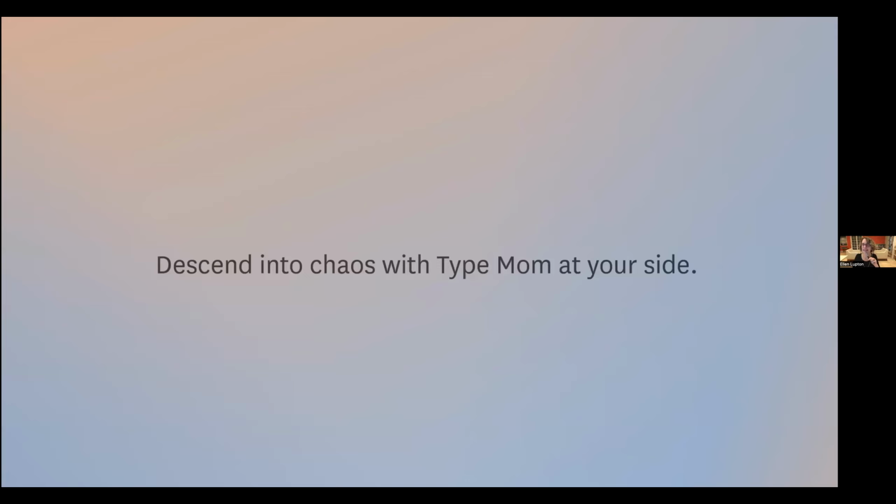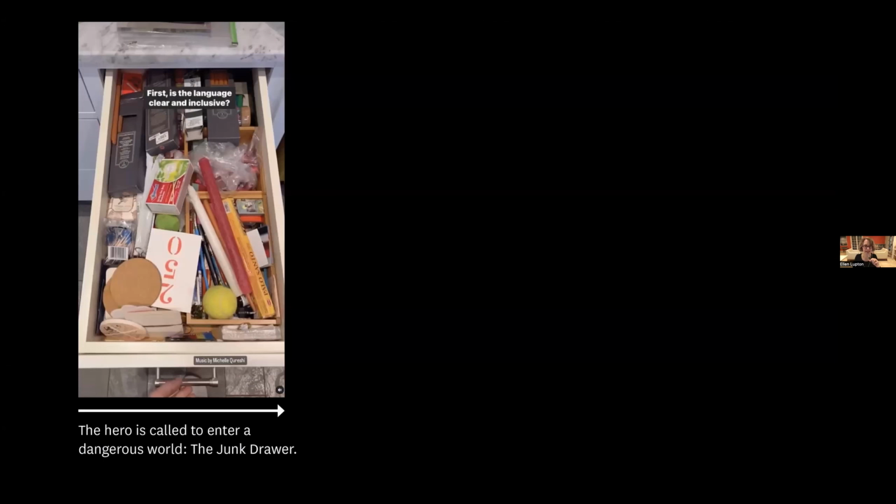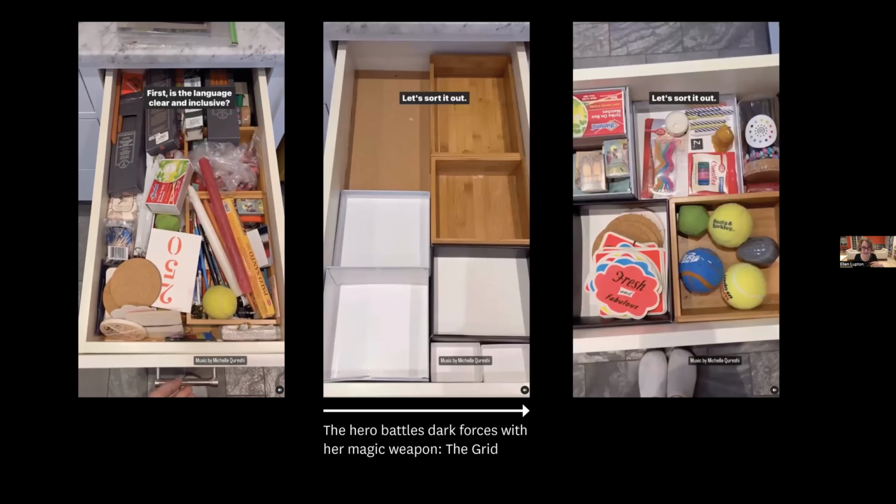So let's descend into chaos with Type Mom at our side. This one is about organizing your content, and I use my junk drawer in my kitchen as a metaphor. We descend into the chaos of Type Mom's junk drawer, which is a total mess, appalling.